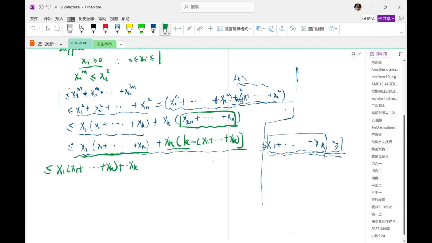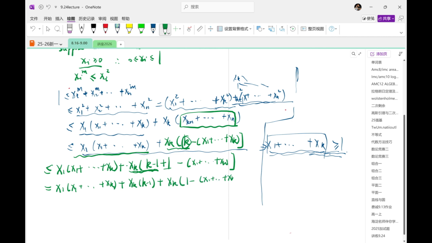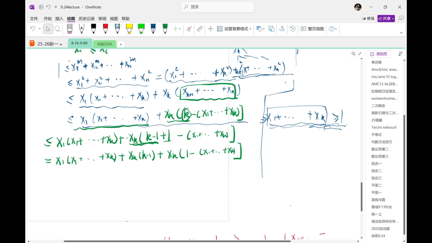And we do a split. We split it into k minus 1 and the other one, and extract x_k out. We continue to enlarge.